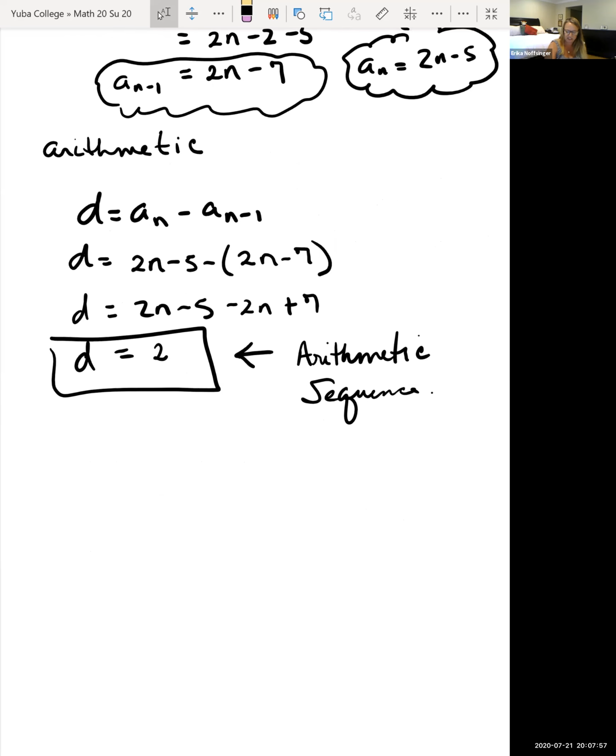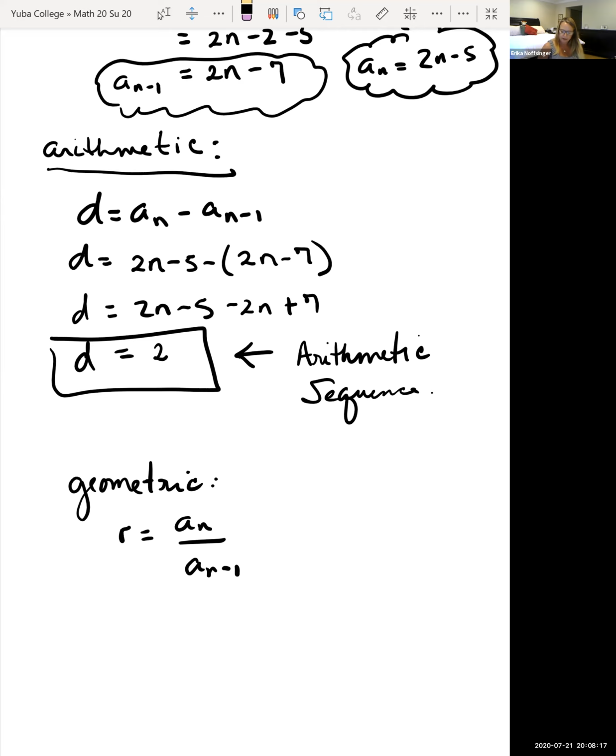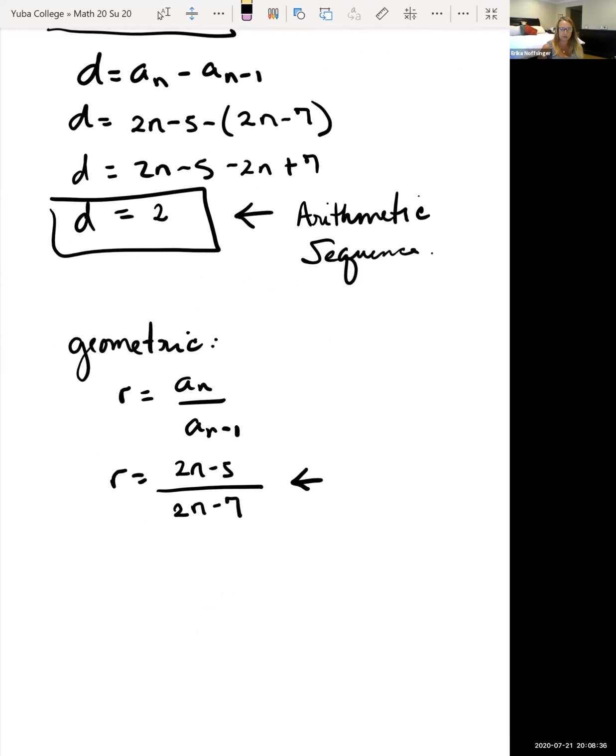Let's just say that we didn't know that, and we test to see if it was geometric. We want to know if we divide a term by the term right before it, will we get back a constant? So r is equal to a sub n, 2n minus 5, all over a sub n minus 1, which is 2n minus 7. Notice that this does not equal a constant. R is in terms of n.